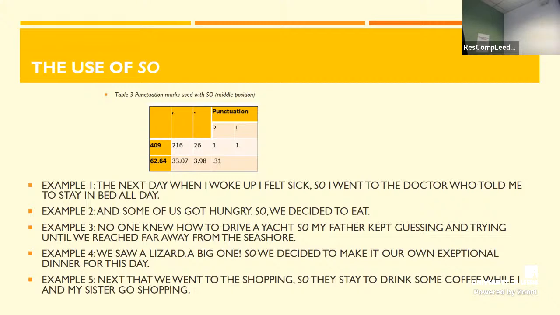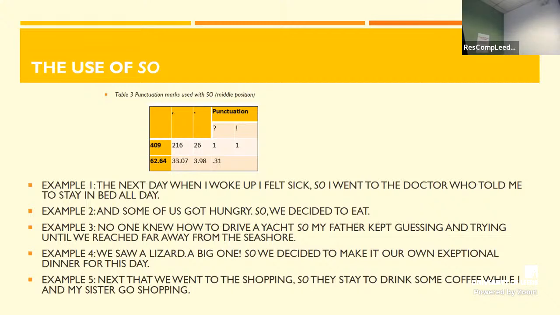Now, when we discuss the middle positioning by Arab learners, there were 409 occurrences of "so" in the corpus. 216 were used in the middle, preceded by a comma, and 26 were preceded by a full stop. If it's a full stop, it means they started the sentence with "so"; if it's a comma, it means it came in the middle.